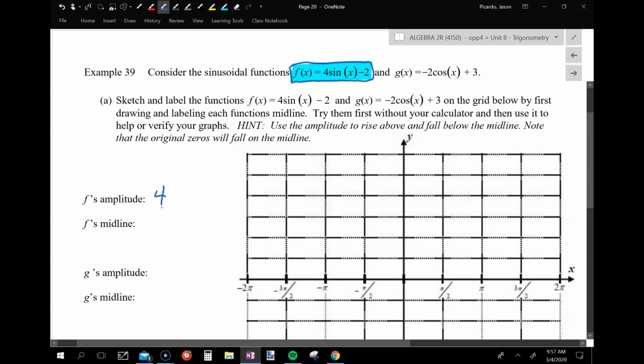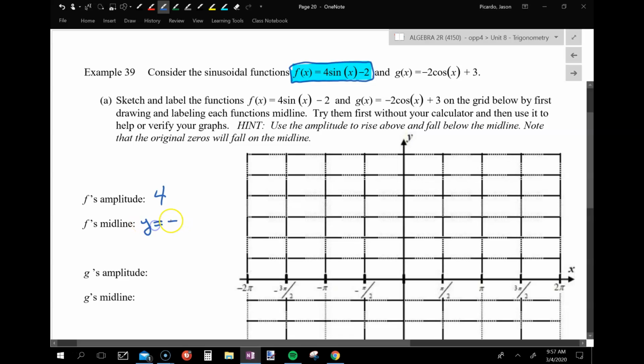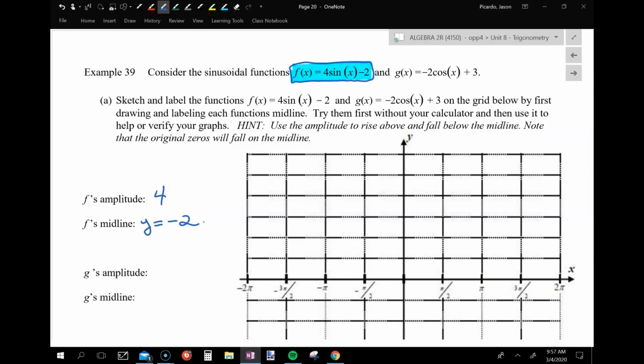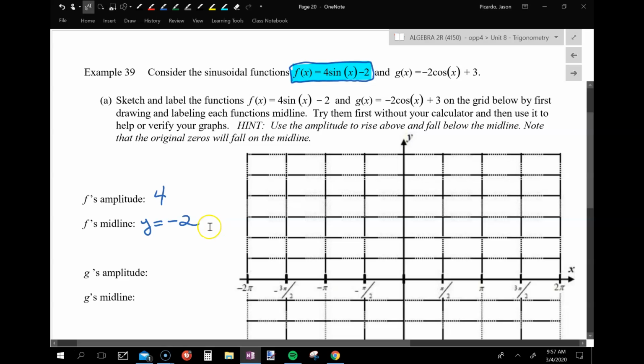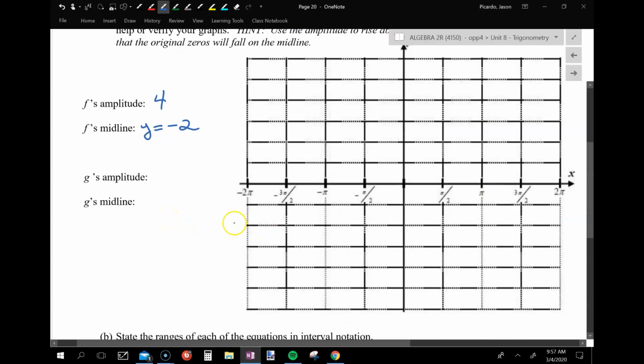What is the vertical shift? -2, which means the midline is -2. So Jaden, I'm going to start off by plotting what you showed me a minute ago. I'm going to go to -2, and I'm going to plot it. There's my midline.